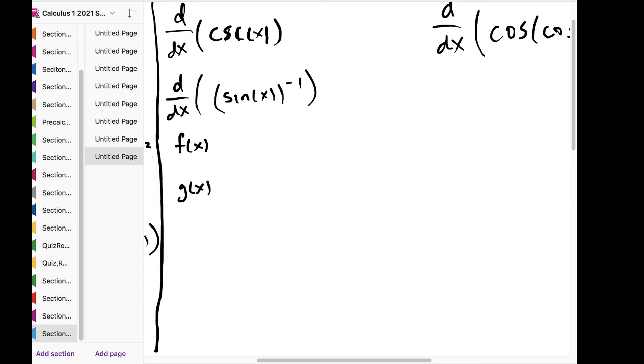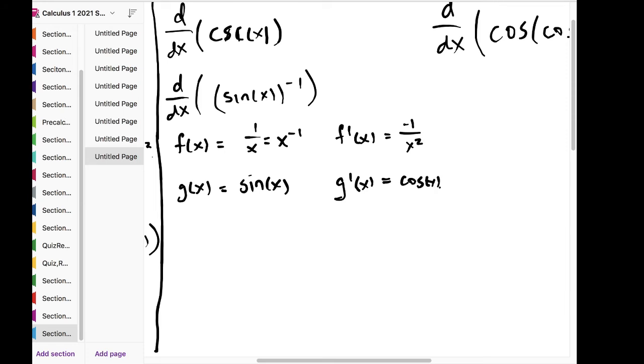Okay, so similar deal. We have sine is the thing you plug in, and you're plugging it into 1 over x. We just did this one, so the derivative is negative 1 over x squared. The only difference is that g prime is cosine. So the derivative is f prime of g of x, g prime of x.